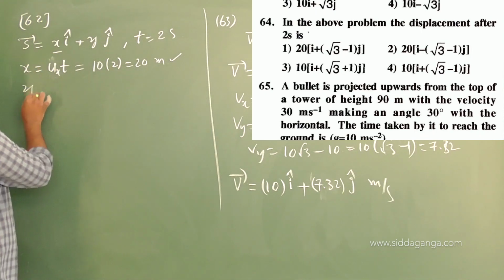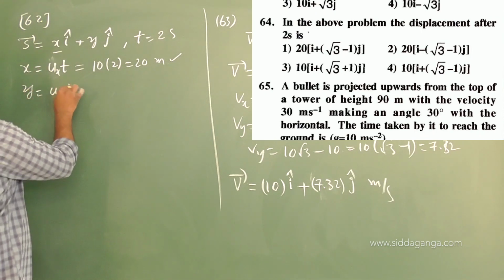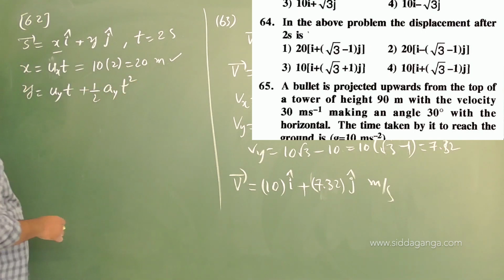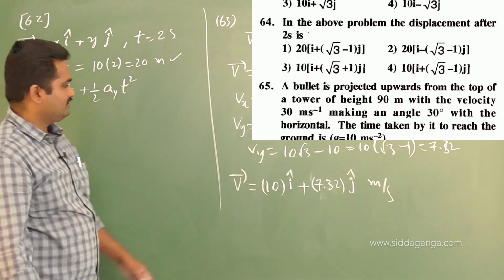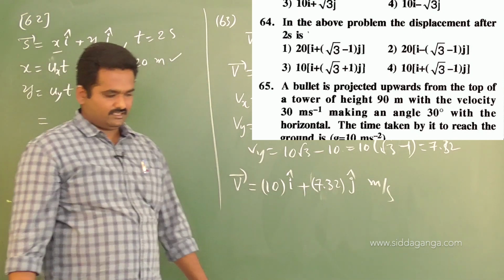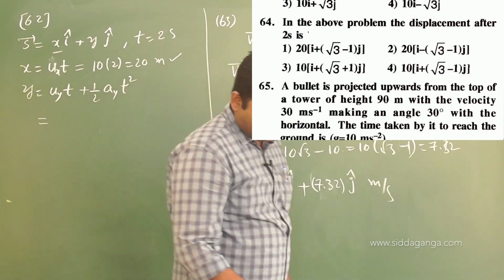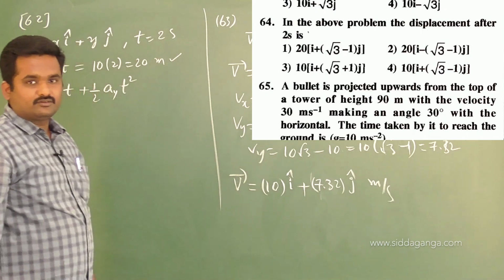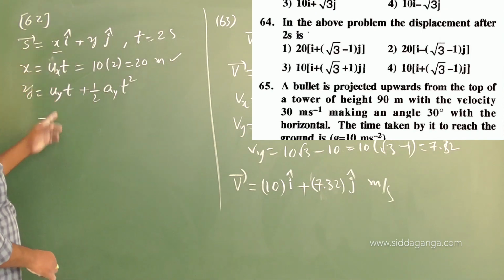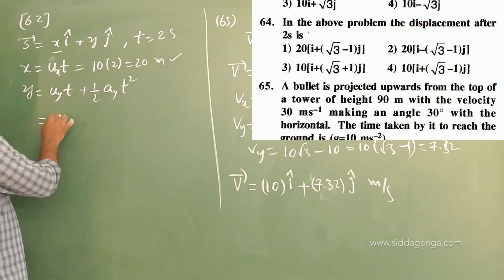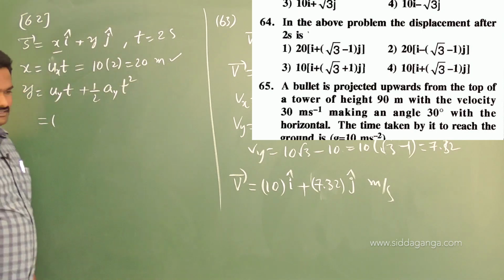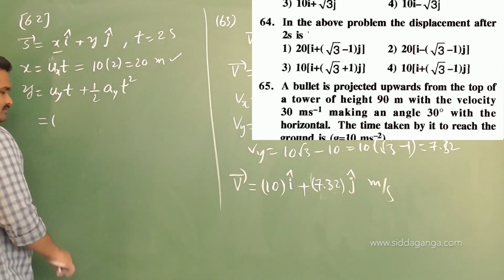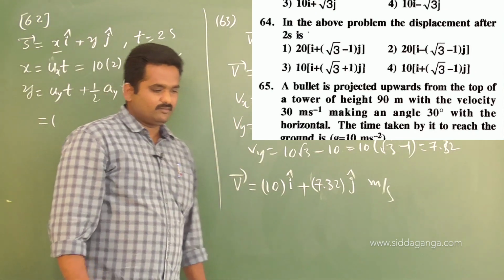Okay, so how to find the value of y? uy into t plus half ay into t square. How much did you get for uy, the vertical component of initial velocity? Earlier we have written 10 root 3. Initial vertical component is u sin theta. U, the velocity, they have given as 20, so 20 sin 60, that is 20 root 3 by 2, which means 10 root 3.